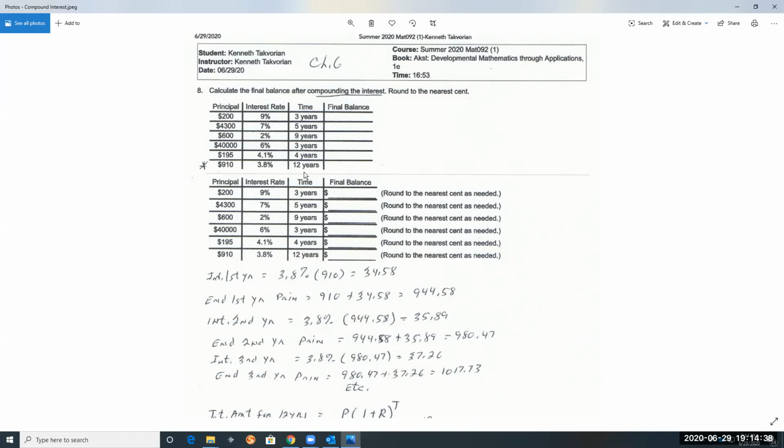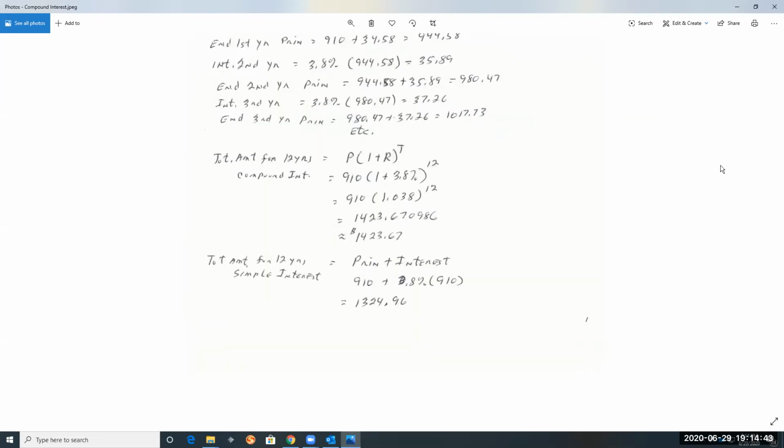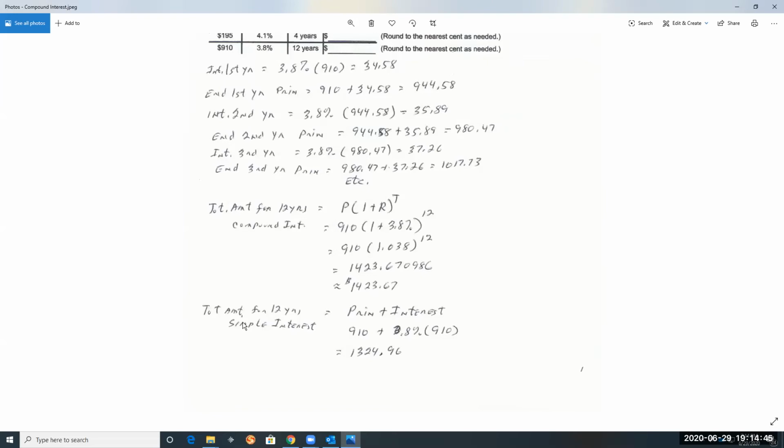If this were simple interest, the total amount for 12 years would be equal to the principal plus the interest. Well, the principal is originally $910. The simple interest would be 3.8% times 910 times 12 years.